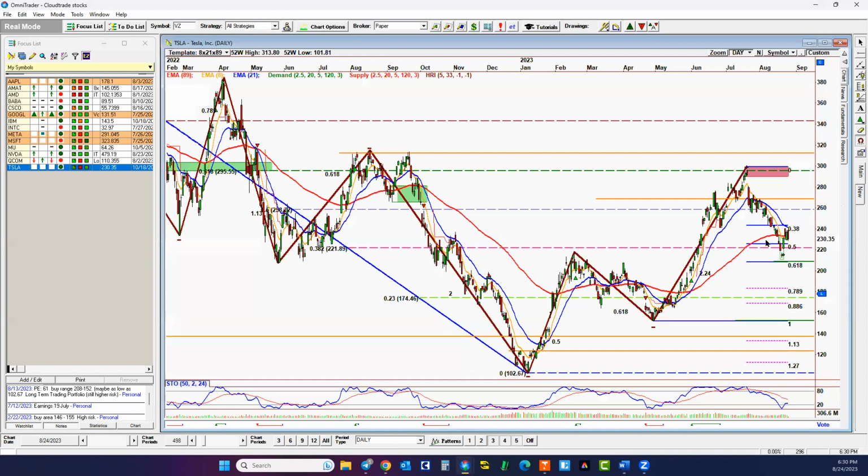Now, on a P/E of 66, that's after dropping from 300 to 230. They're still very expensive, and that's why Tesla was just a trade. I haven't built an investment position here. I'm just looking to trade it, get some of these upswings. If it does happen to take off on a run, I would expect that I'd be in it.